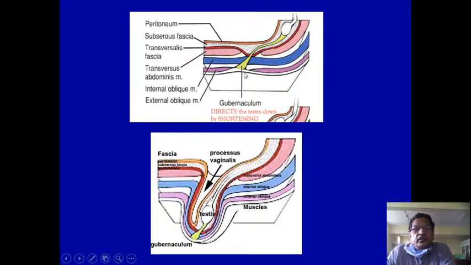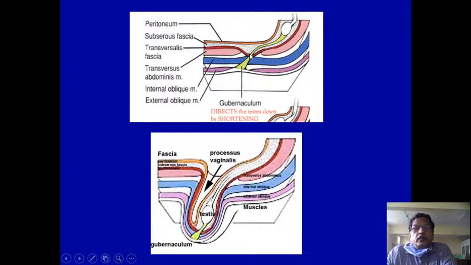Then externally there is external oblique muscle and fascia and skin. So in the retroperitoneum, inside the abdomen, the testis develops and the gubernaculum attaches to the lower end of the testis and also to the fascia between those muscles.